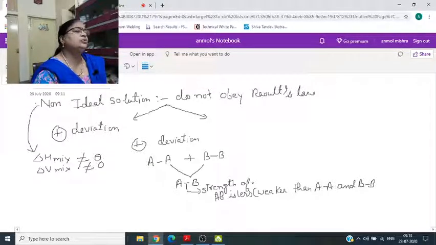The force of attraction between A and B is weaker than AA and BB.